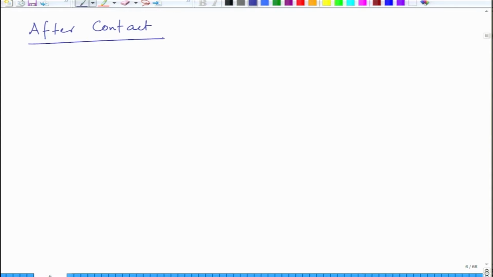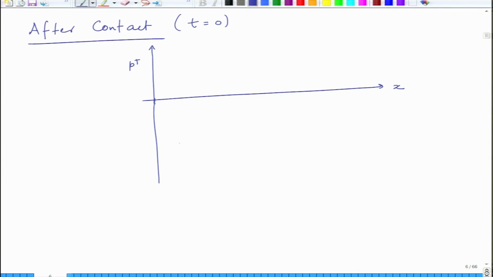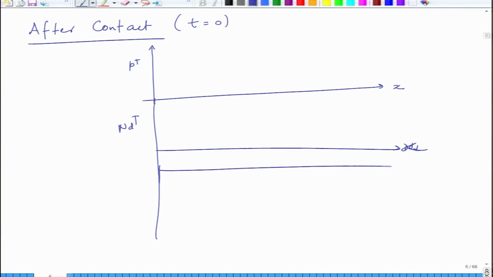When you draw after the contact, I am not going to draw the whole device here. So this is let us say P plus. After contact, just at time t is equal to 0, just when they are put together, I am going to plot P plus, I am going to plot Nd plus, then I am going to plot Na.